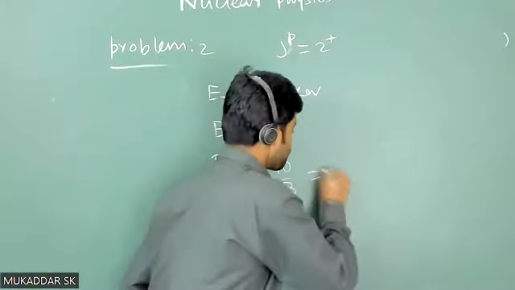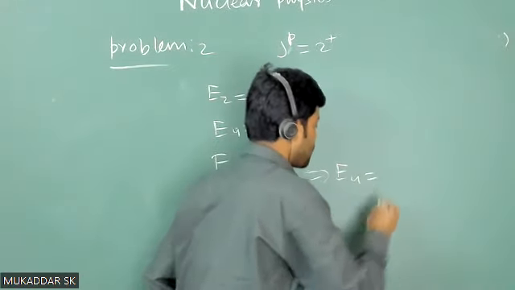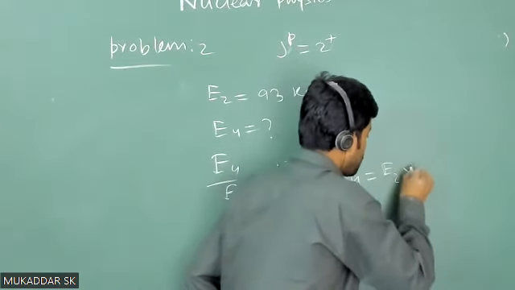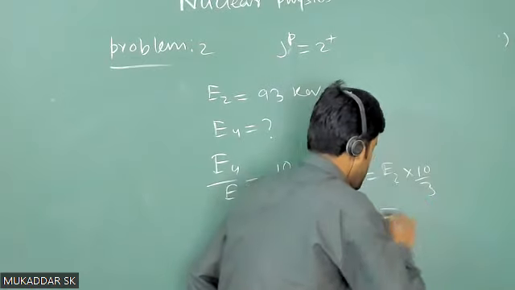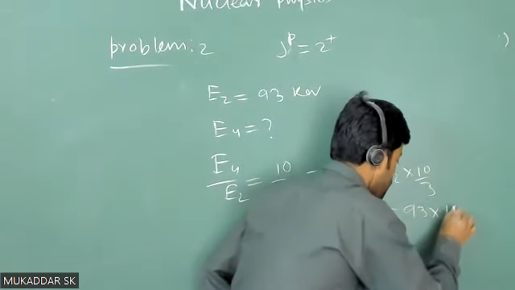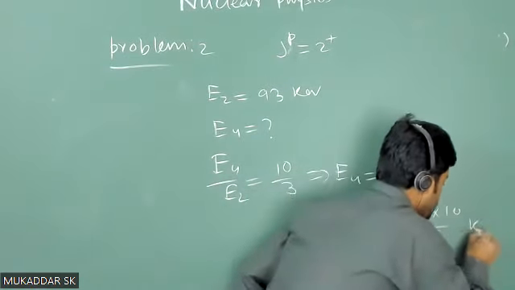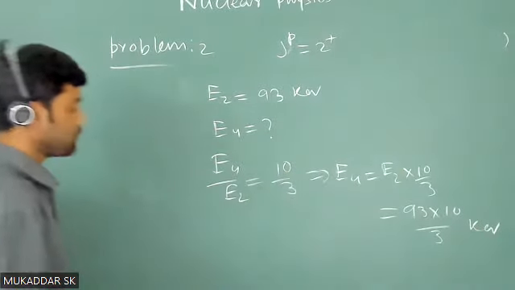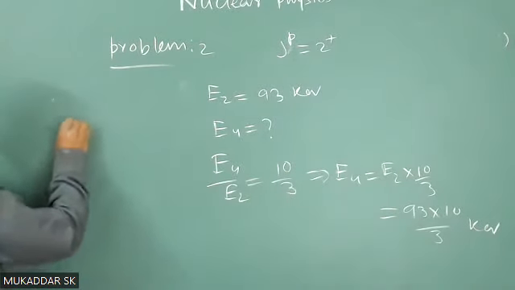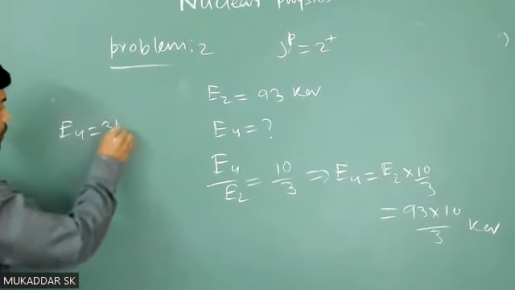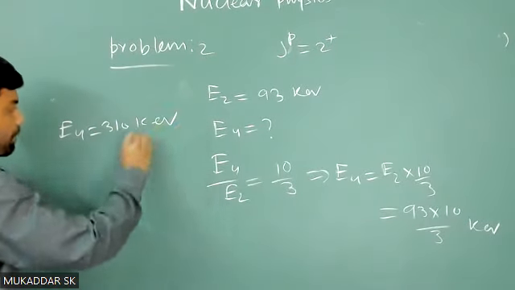It means E4 will be E2 into 10 by 3, and E2 is 93 into 10 by 3. The unit will be kiloelectron volt. If you solve it, you will get E4 as 310 kiloelectron volt.